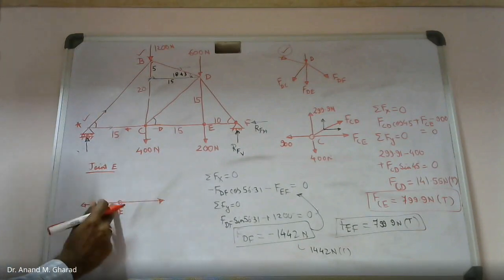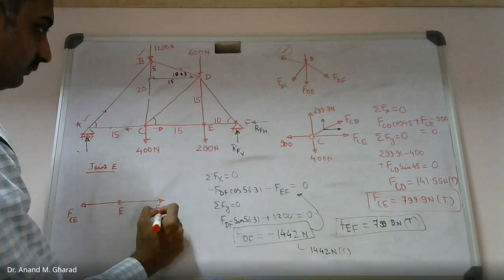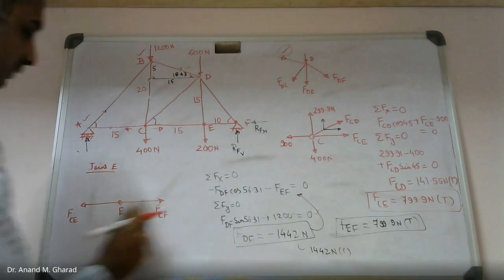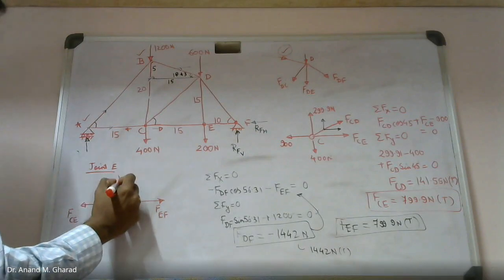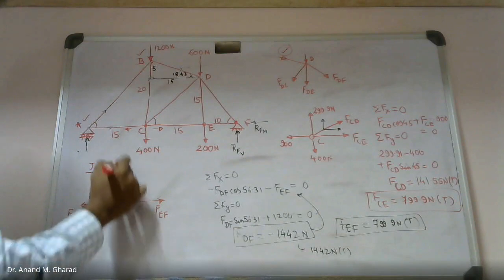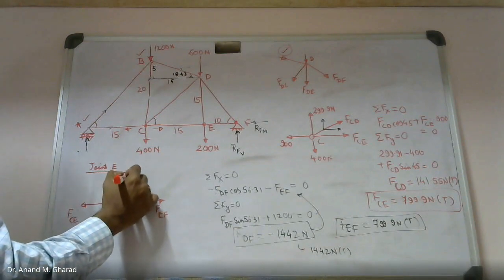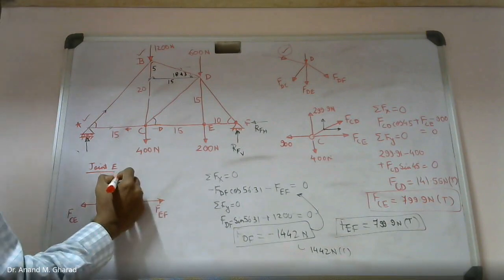Force in member CE and force in member EF, these two are collinear members, and they are attached with a third member, which is a perpendicular member, and that is DE.